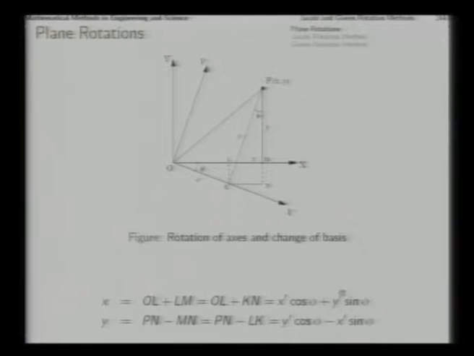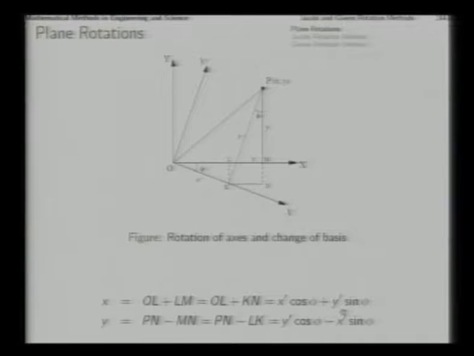So, you get this. Similarly, when you try to find out y, you find that y can be conveniently written as a difference of PN and MN. So, PN minus MN. So, PN is y prime cos phi and MN is the same as LK, which from this small triangle is given as x prime sin phi.